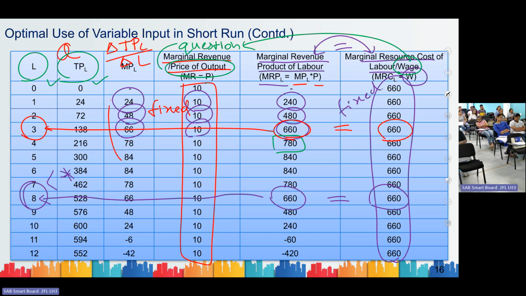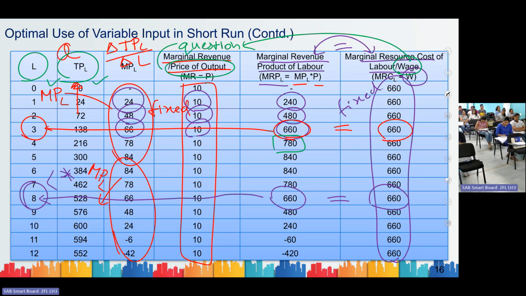Over this range, MPL is increasing. After this level, MPL starts to decline. MPL is declining. So in stage 2, MPL is declining.